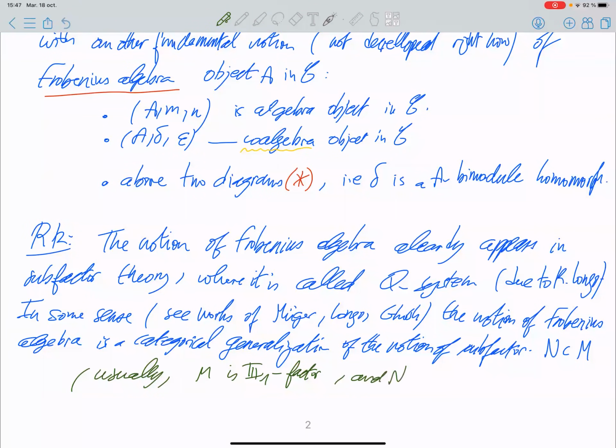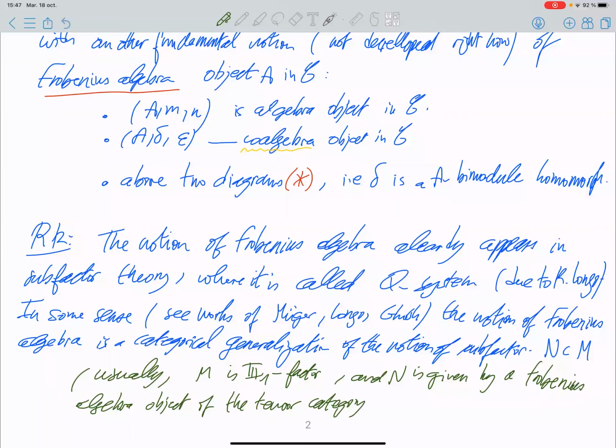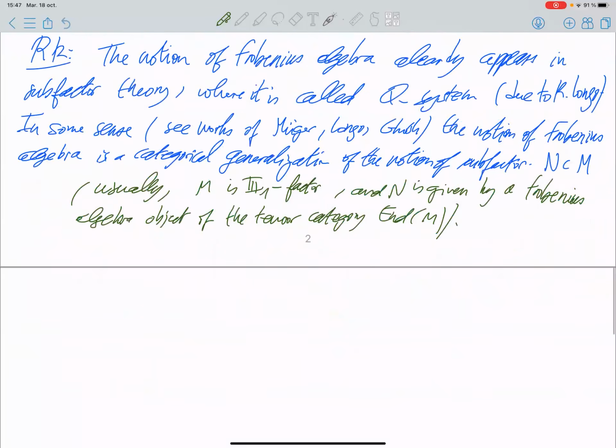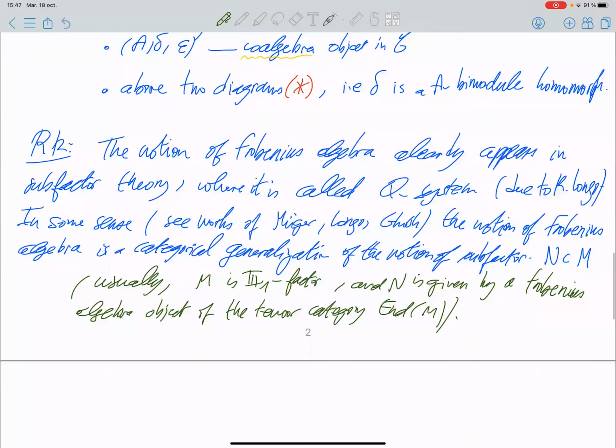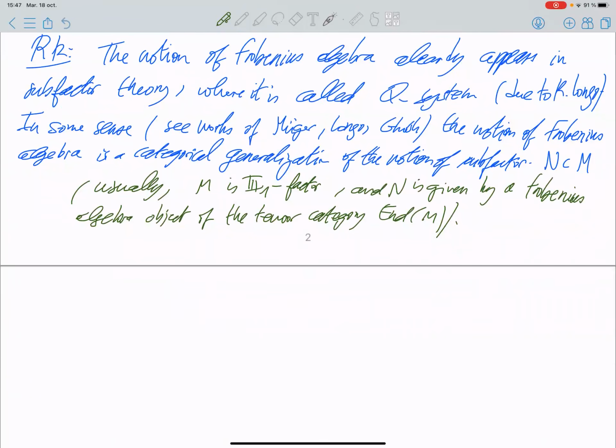And N is given by the Frobenius algebra object of the tensor category of endomorphisms of M. Okay. So you don't need to care about this green sentence. This is just a motivation for people who know a bit of von Neumann algebra theory.